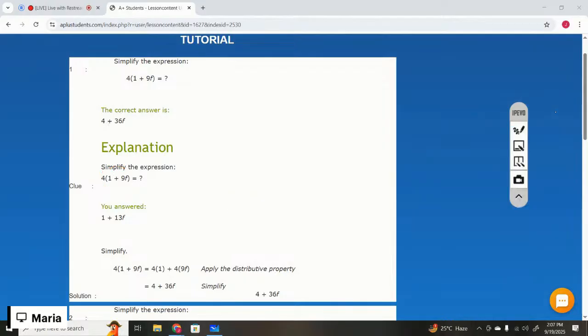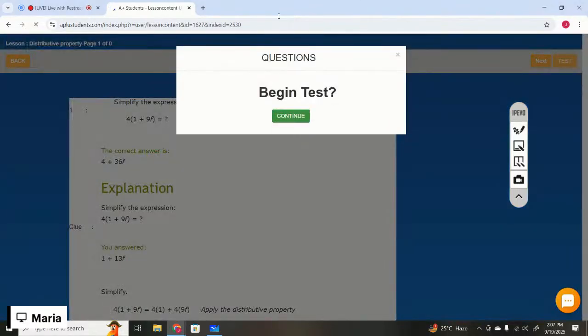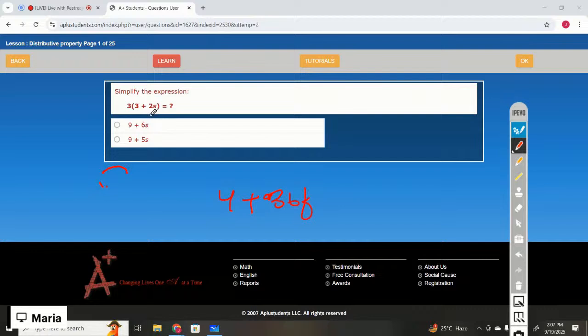Okay, let's start with the test questions. Simplify the expression 3 times (3 plus 2s). So how do we apply the distributive property? We have to do 3 times 3 and plus 3 times 2s.